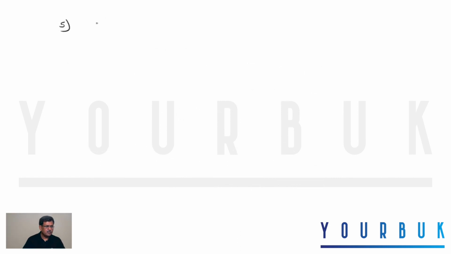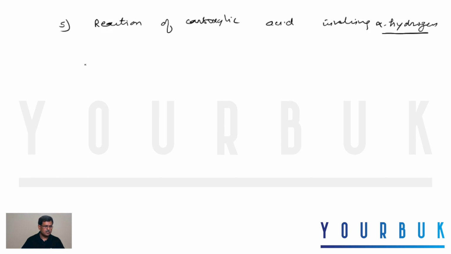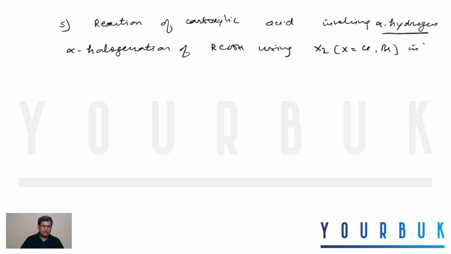Now the fifth reaction is the reactions of the carboxylic acid involving alpha hydrogen, and the alpha hydrogen can be replaced by halogen, and the alpha halogenation of carboxylic acid using halogen, where X can be chlorine and bromine, in the presence of red phosphorus is known as Hell-Volhard-Zelinsky reaction.